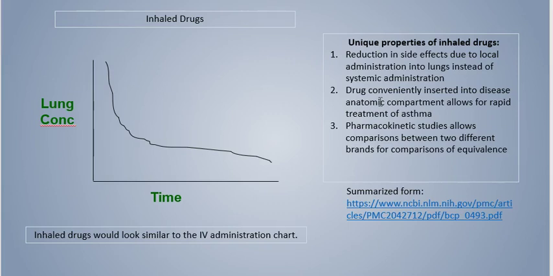And then in terms of pharmacokinetic studies, we can get good, tight control, and we can compare two or three different brands to determine which ones are biologically equivalent. All right, and so these are unique properties of inhaled drugs from a pharmacokinetic standpoint, and that satisfies either the last or the second to last learning objective.